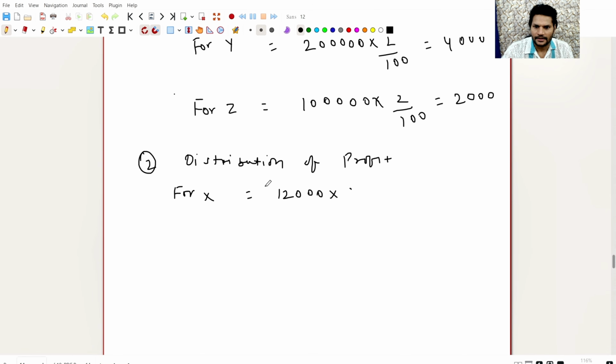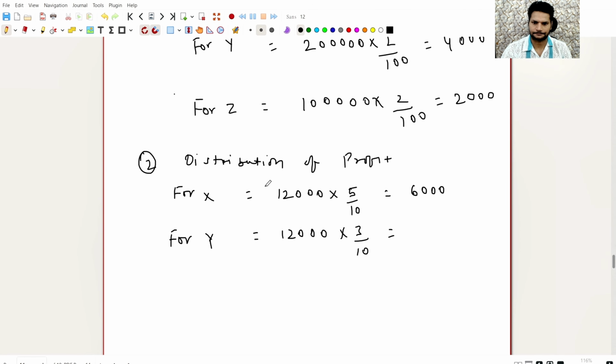So 5/10, and this will give you half, that is 6,000. And for Y, 12,000 into 3/10. So what is the value, guys? What is the value?